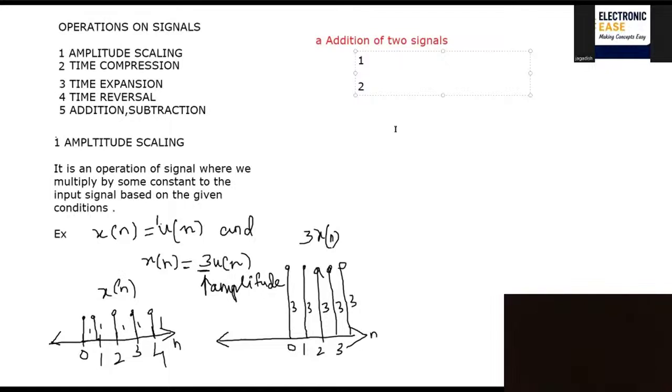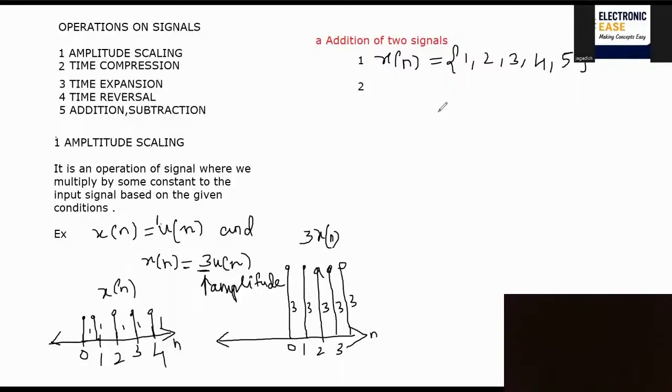So I have two signals, x of n, x equal to 1, 2, 3, 4, 5.